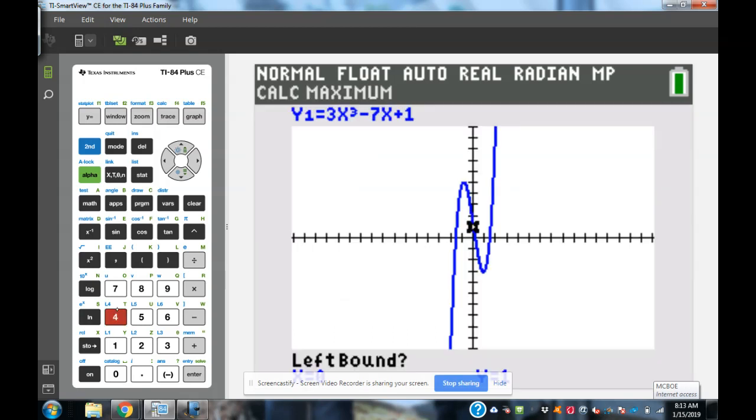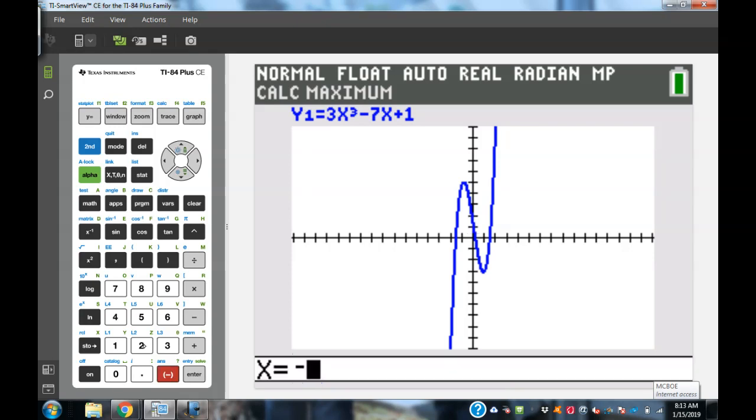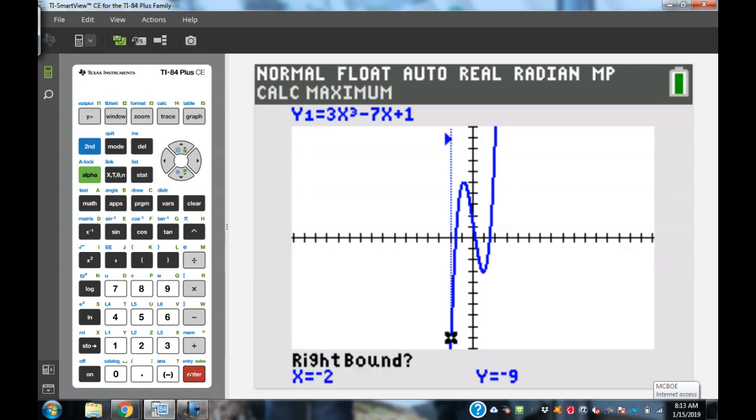And then it asks for a left bound. Our interval was from -2 to +2, right? So what's the left side of that? It's -2. So we would just type in -2 and hit enter. Notice how it puts a little line right there. On the color ones, it does that. I'm not sure if the black and white does that or not.